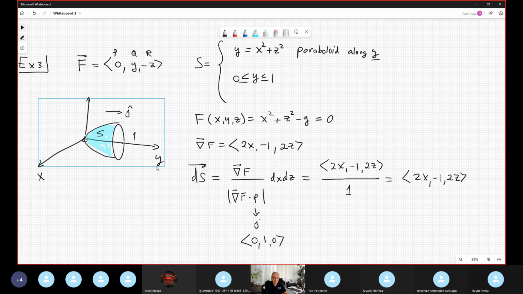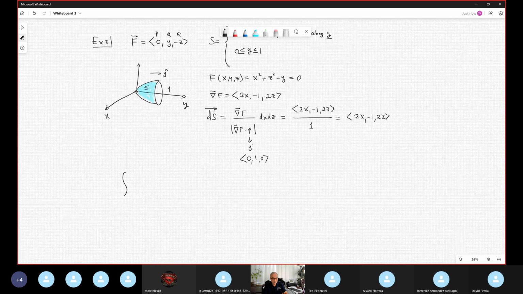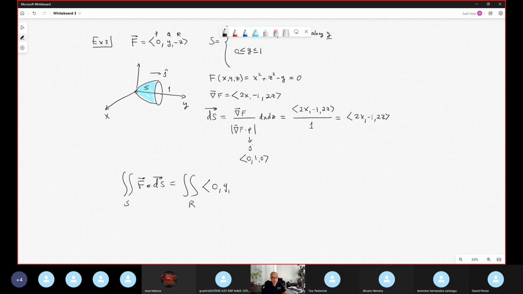My flux, the vectorial surface integral, should be equal to the double integral in the region R. I want to illustrate who is the region R. It is the vector field. I copy my vector field, dot product, I copy my dS vector, which is (2x, -1, 2z) dA.